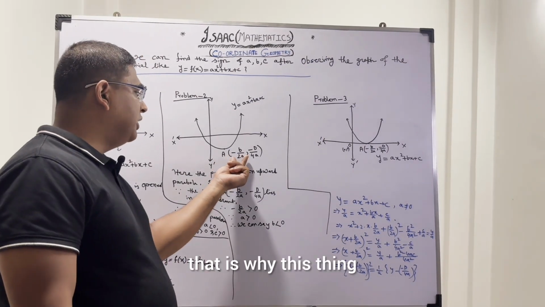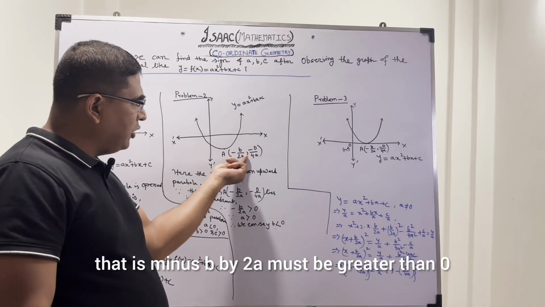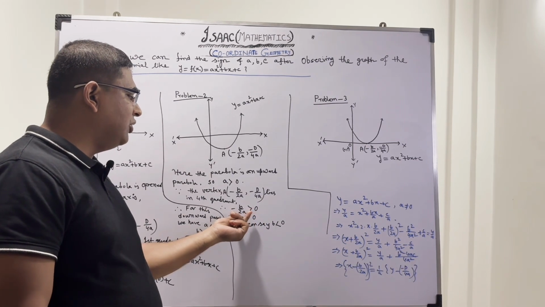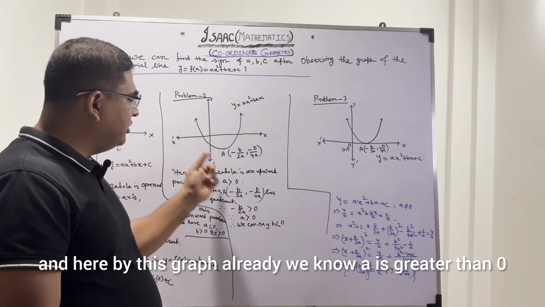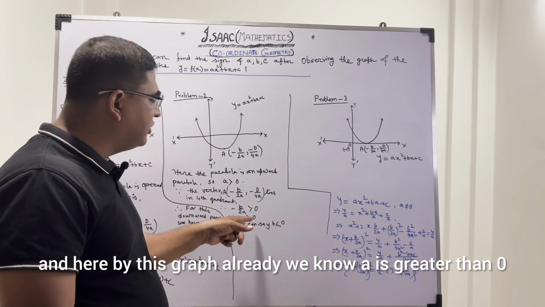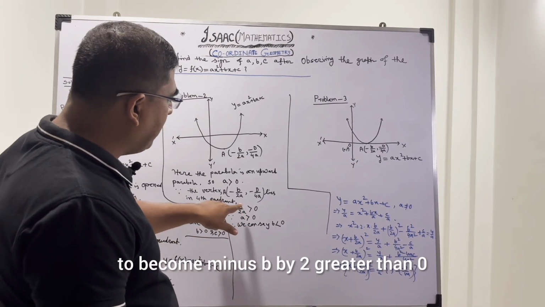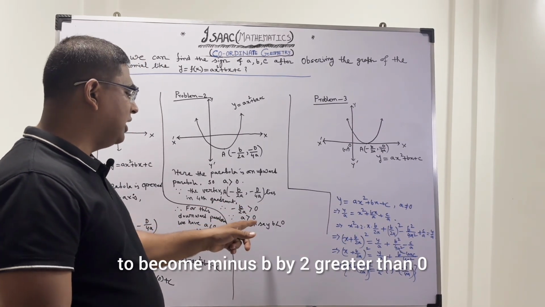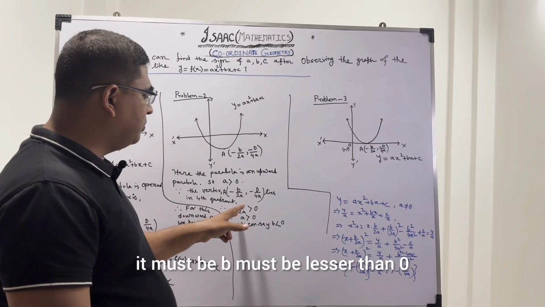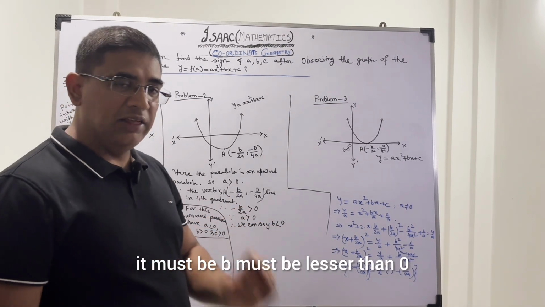That is why this thing, that is minus b by 2a, must be greater than 0. And by this graph we already know a is greater than 0. So for minus b by 2a to be greater than 0, b must be lesser than 0.